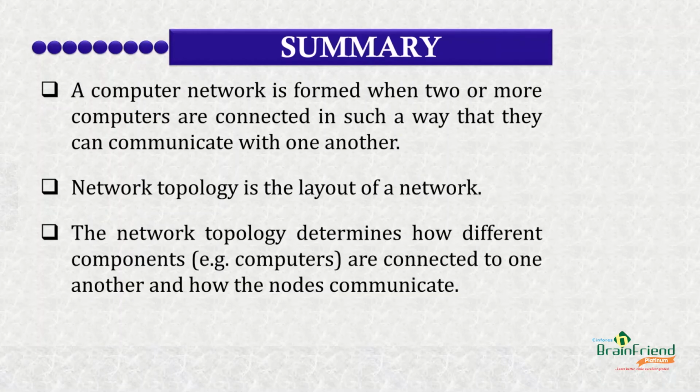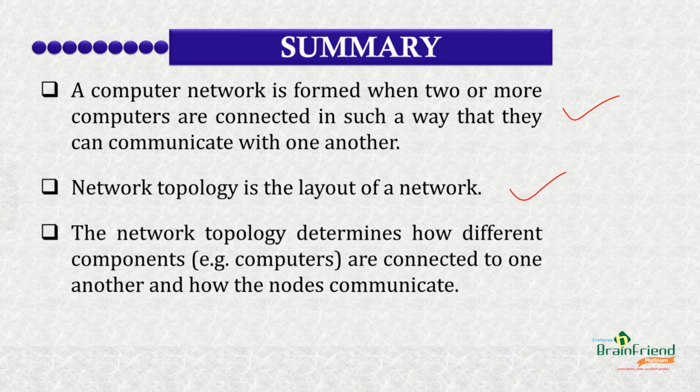With this, we've come to the end of this lesson. But before we leave, let's have a quick summary. First, we learned that a computer network is formed when two or more computers are connected in such a way that they can communicate with one another. Next, we learned that network topology is the layout of a network.